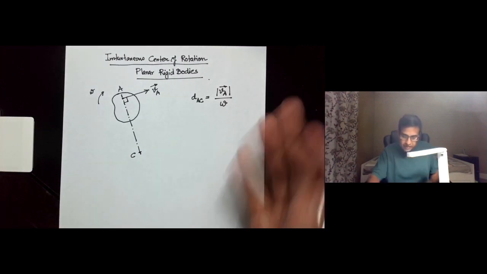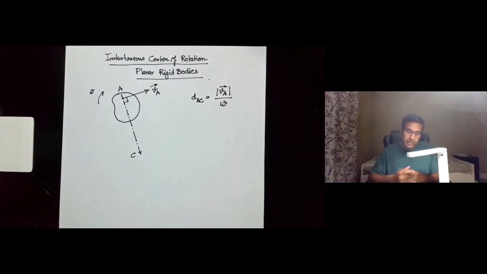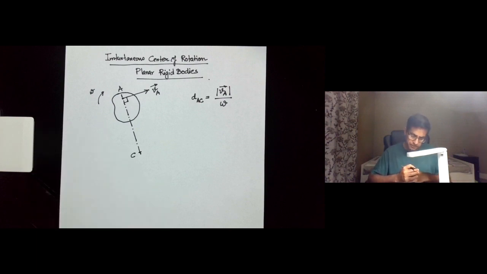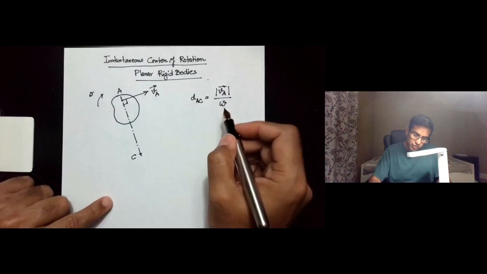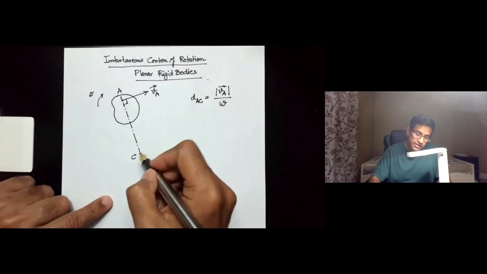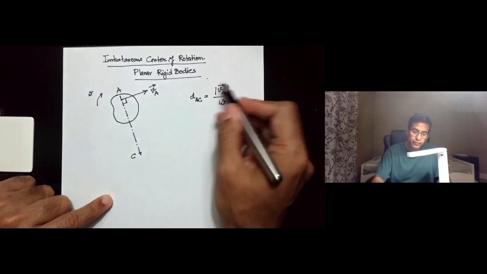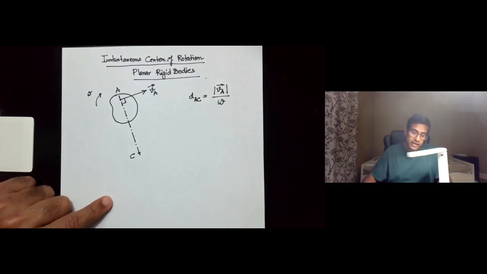And this comes from the basic understanding that the velocity of a point is omega cross r, where omega is the angular velocity of the rigid body and r is the vector going from the instantaneous center to the point of interest. So this is basically the distance dAC, the distance at which the instantaneous center lies if we know the velocity of a certain point, and if we know the angular velocity of the rigid body.